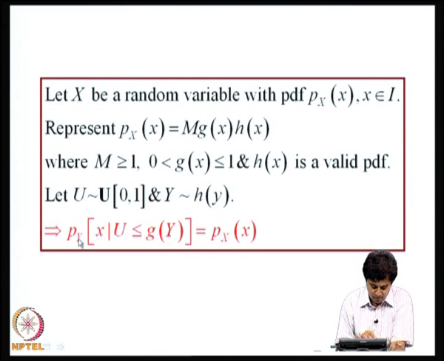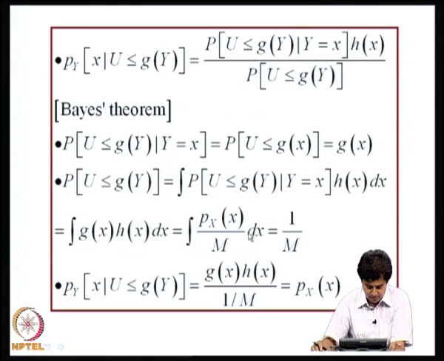Now, p_y(x) conditioned on u less than or equal to g(y) can be shown to be p_x(x). How do you show that? You use Bayes' theorem and consider p_y(x) conditioned on u less than or equal to g(y). Using Bayes' theorem, I can write it in a slightly different form using conditional probability.